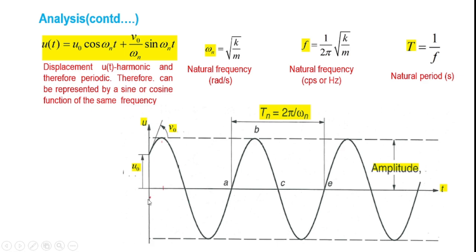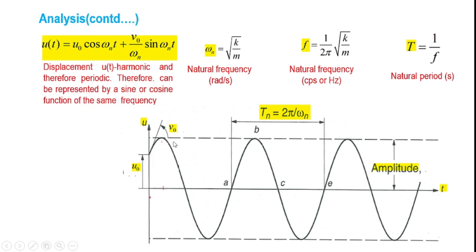At time t equal to 0, we have the displacement u0. If I draw a tangent to this response curve at t equal to 0, the slope the tangent makes with the horizontal is the velocity, because we know that the velocity is du by dt. This is what is marked here as the initial velocity v0.